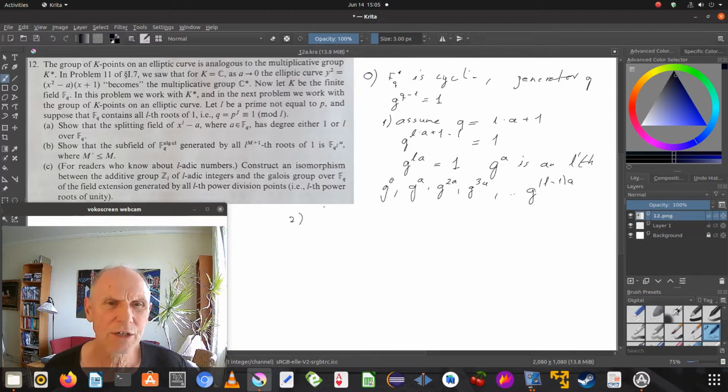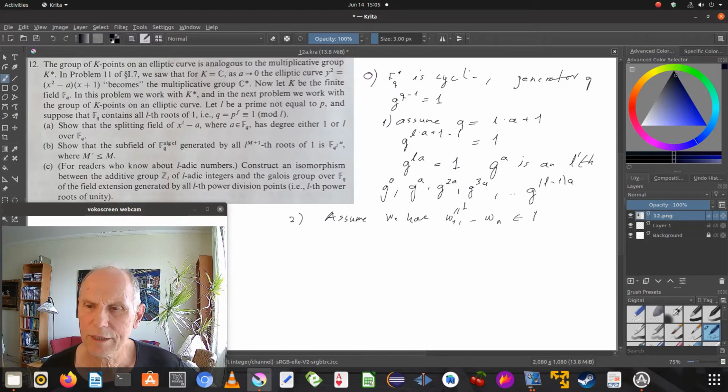Next, assume that all of the roots, let's call them omega, and this one being unity, of course, lies in FQ.